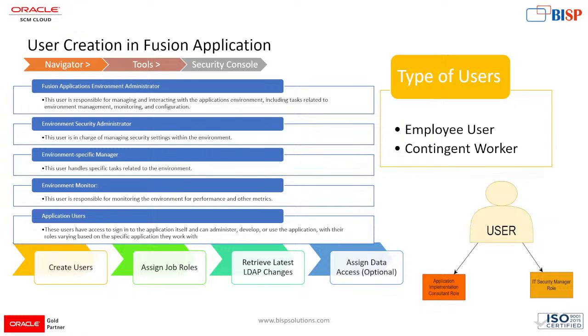And the last is the application user. This user has access to sign into the application itself and can administer, develop or use the application, with their roles varying based on the specific application they work with.